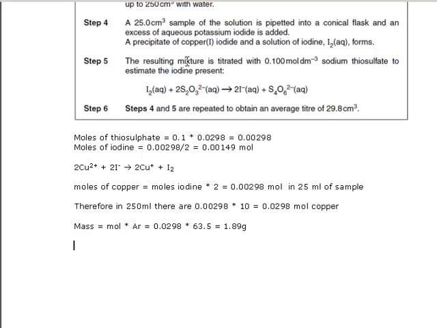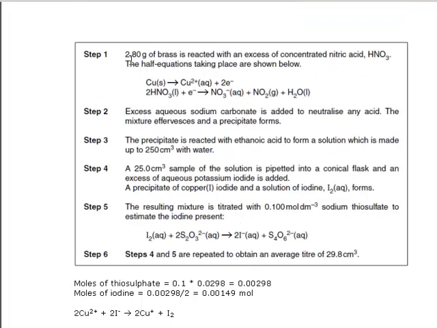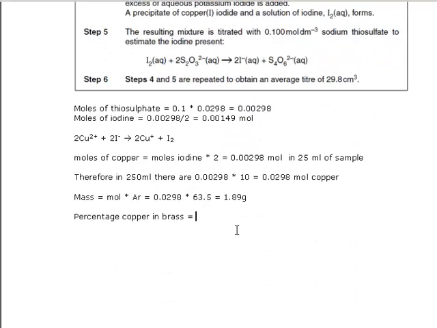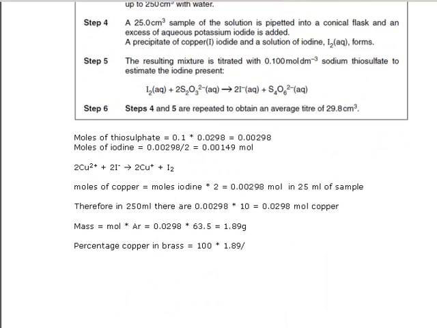Okay, so now the percentage by mass of copper in the brass will be the mass calculated of copper divided by the total mass of the brass, which we're told in the question is 2.8 grams, multiplied by 100. So it's 100 times 1.89 over 2.80.